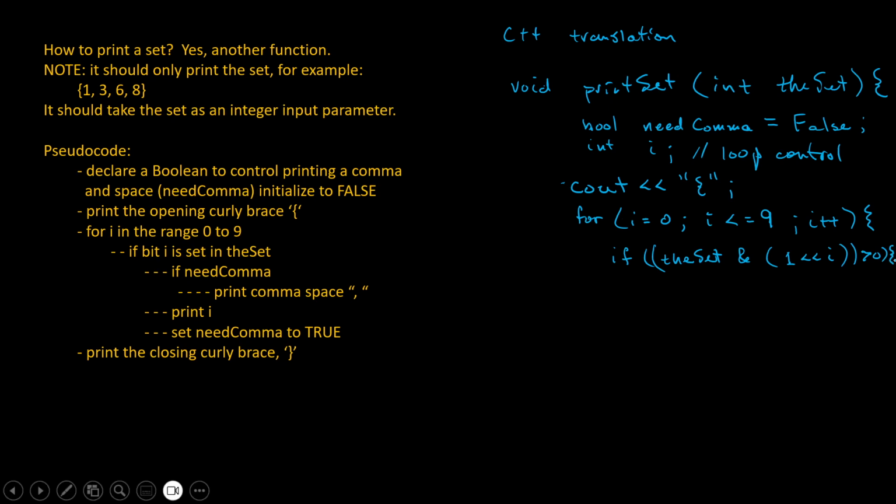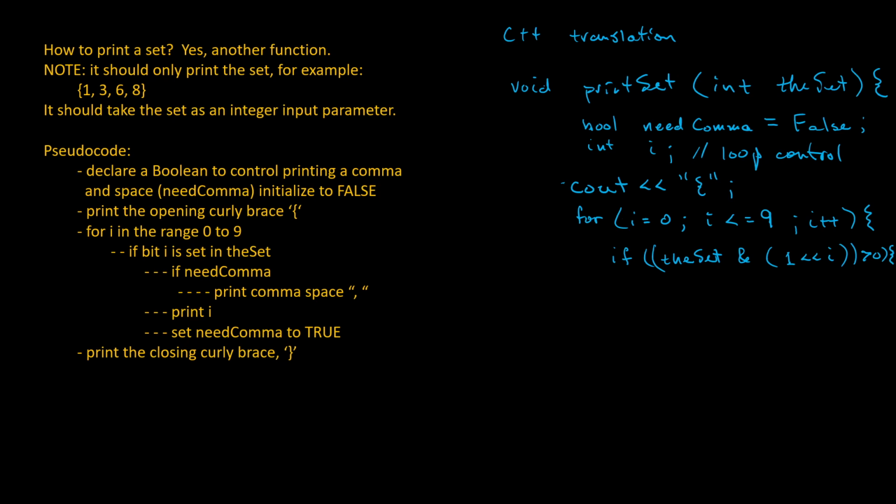Greater than 0 means we're checking one bit. What can it have? It can have a 0 or a 1. So if it's greater than 0, I haven't shifted the result here. That's the big thing. Because I'm shifting this bit over by some number i, when I'm checking 0, I'll get a 1 or a 0.